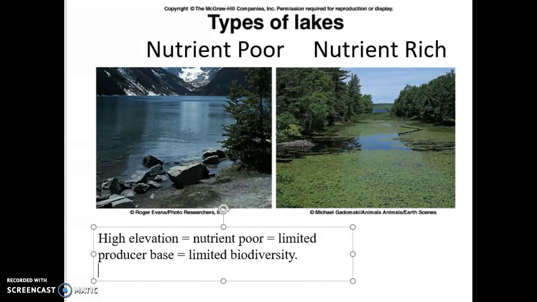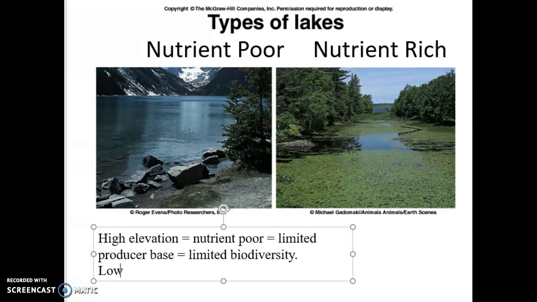Low producer productivity. So you look at the picture on the left, that's a mountain lake up in Colorado. Clear, cold, great pristine water.